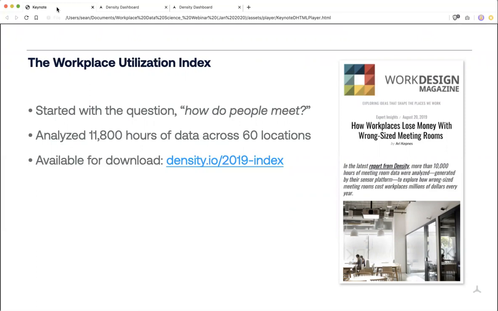So we're going to talk specifically about this question of how do people meet right now and look at those meeting rooms as Sean showed us. But I do want to just have a quick little asterisk that if you do want to understand how your buildings are used, how specific amenities or cafes are used, or desk areas in neighborhoods, those are all things that you can do once you have the sensors deployed. But for the purposes of this webinar, let's get to how do people meet.